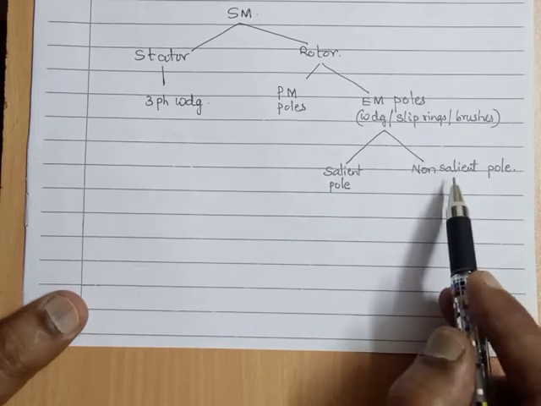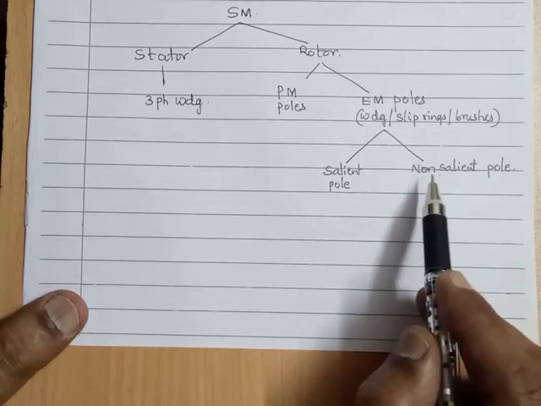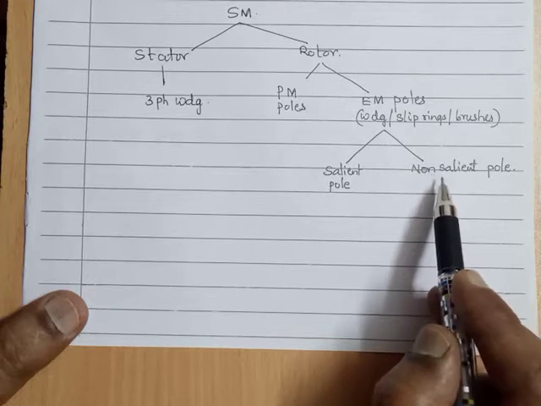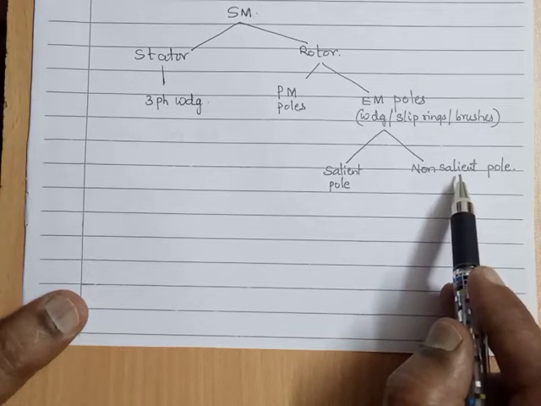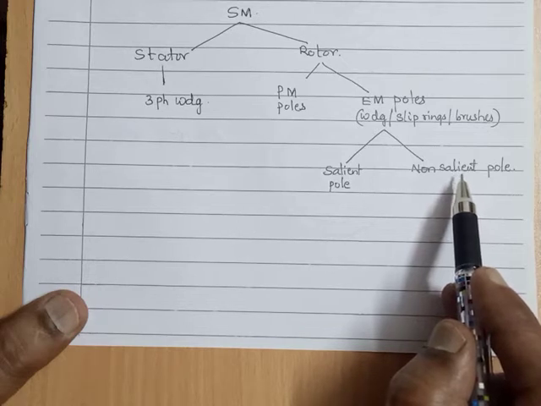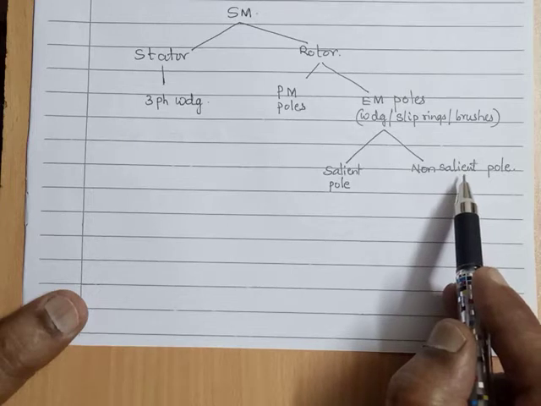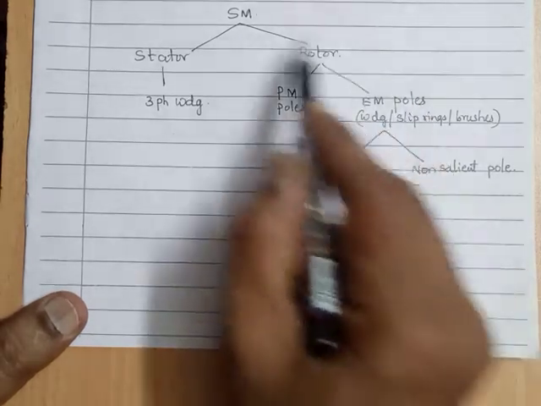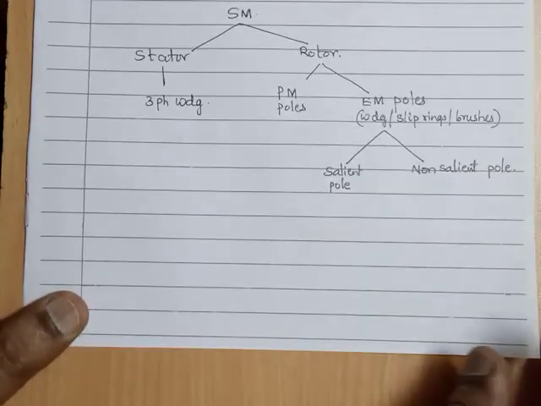Whereas in non-salient poles, the pole is there, but not protruding, not projecting. Non-projection is non-salient. The physical projection, the protrusion, is not there. That is another type. Very interesting. So this is how the whole construction of the synchronous motor can be appreciated.